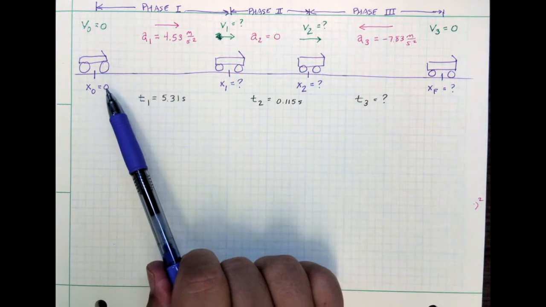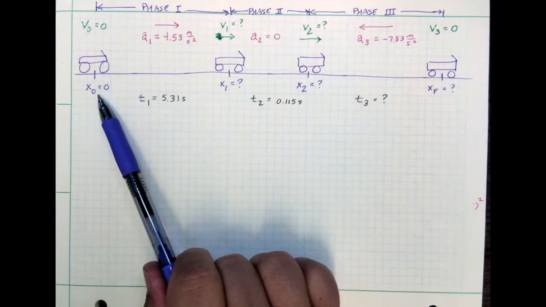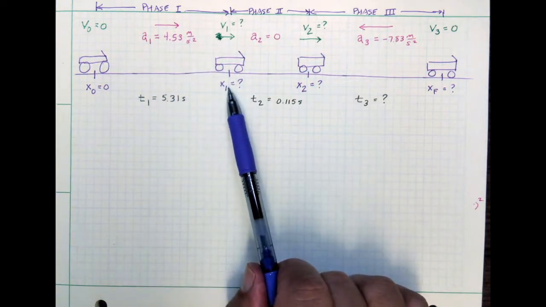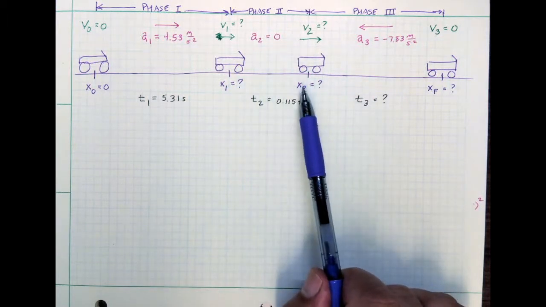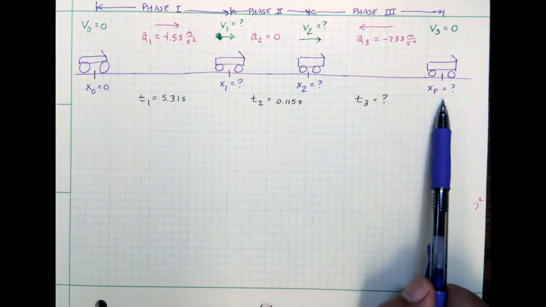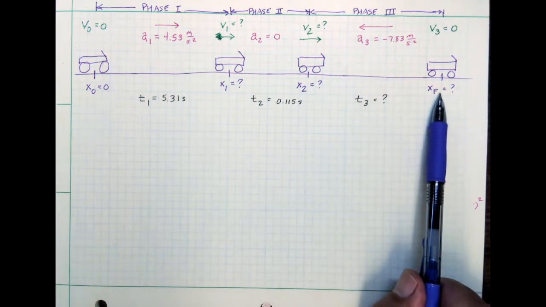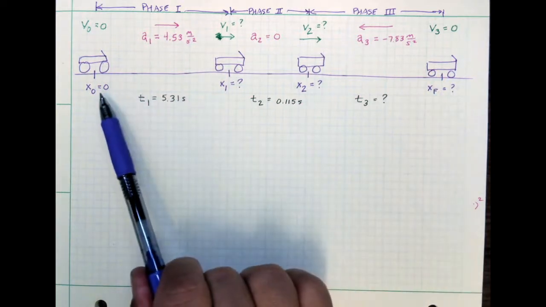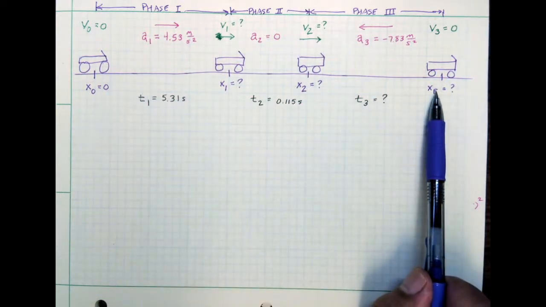We also note the position of the motorcycle: the starting position, which for convenience we will call 0, the position of the motorcycle when the driver spots the deer, the position of the motorcycle after the reaction time when the motorcycle begins to slow down, and then the final position, which we will compare to the position of the deer, 105 meters from our starting point, to see if we hit the deer.